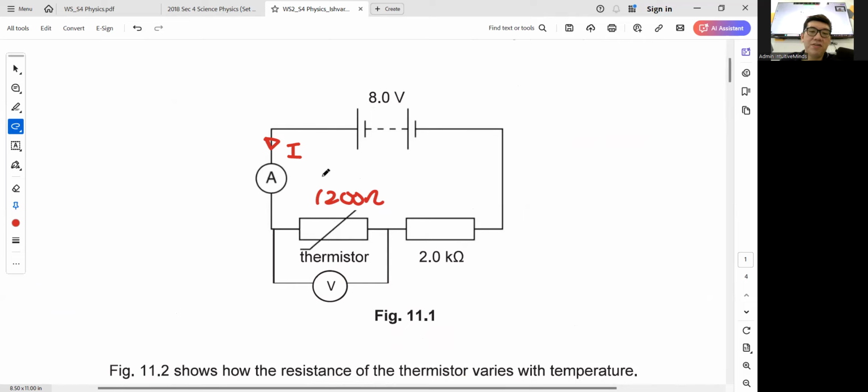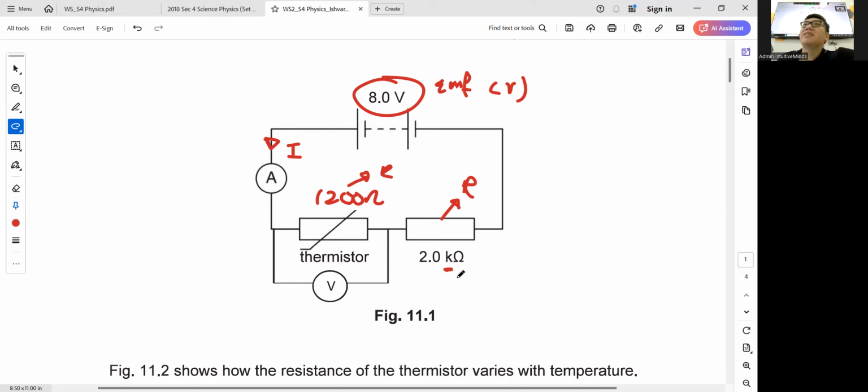The reading on the ammeter is therefore the current reading, right? So what do we have here? We have something called EMF, and that's your V. Okay, we have this, which is your R, and this is your R.